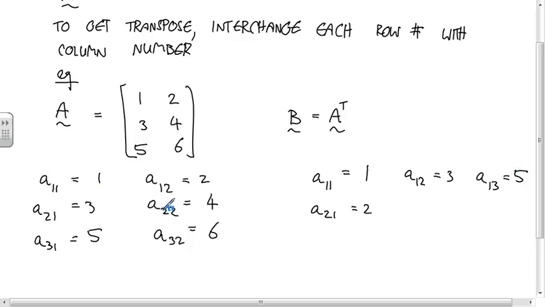Instead of A22 being equal to 4, well, interchanging those doesn't change the indices, so on the diagonal you still have 4. And then instead of A32 being equal to 6, A23 is equal to 6. And so you end up with this matrix 1, 3, 5, 2, 4, 6.